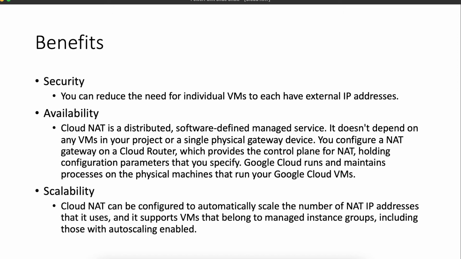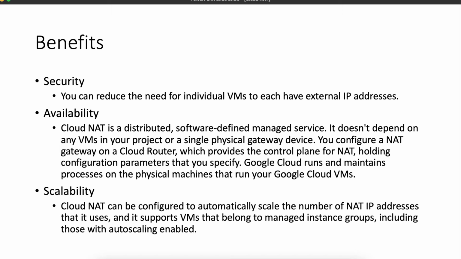So of course, security. It applies two ways, right? You can reduce the need for your individual virtual machines to have an external IP address. Like we discussed in the earlier slide, your virtual machines do not need a public IP address if you are using NAT and want to access the internet.